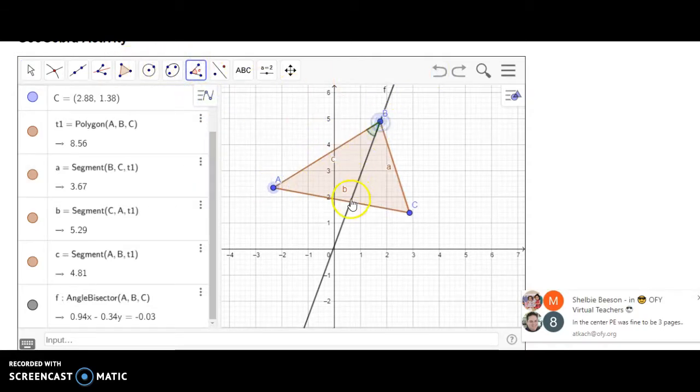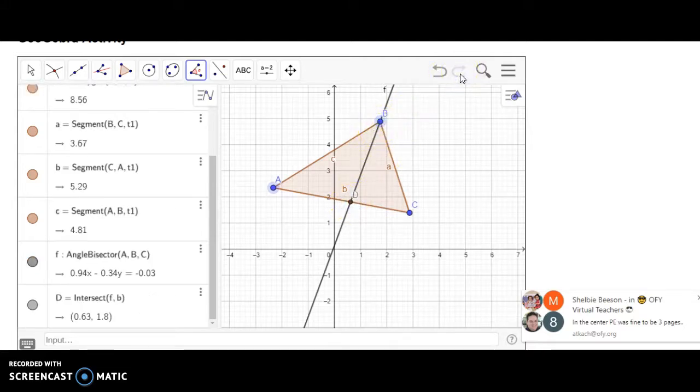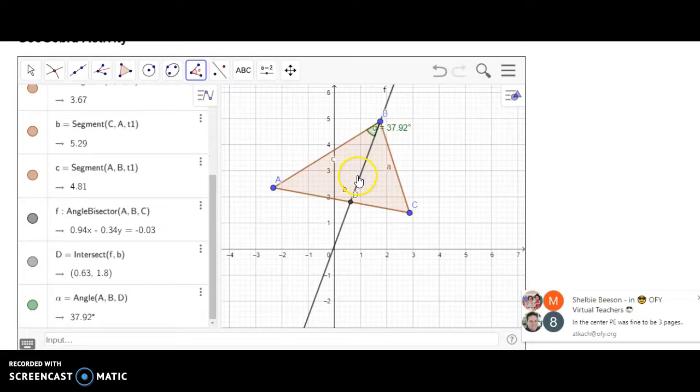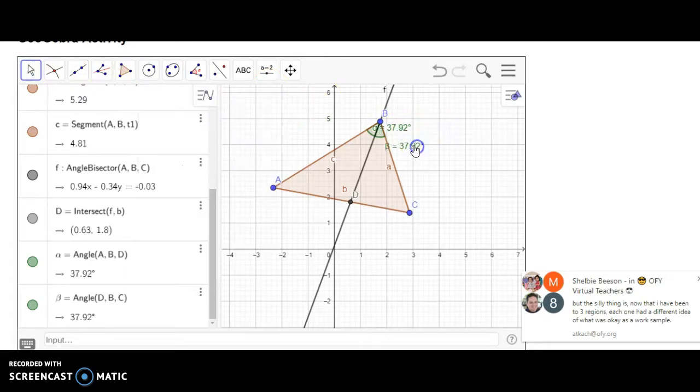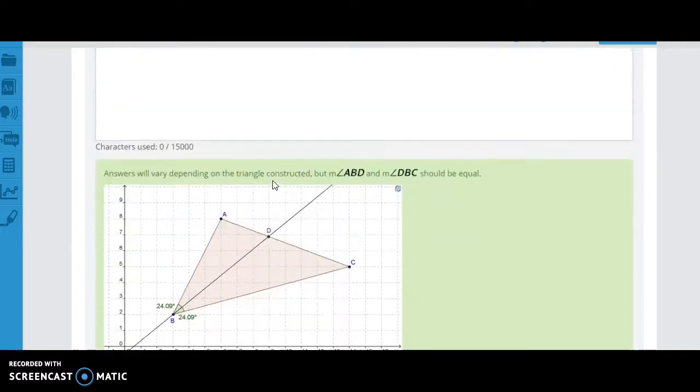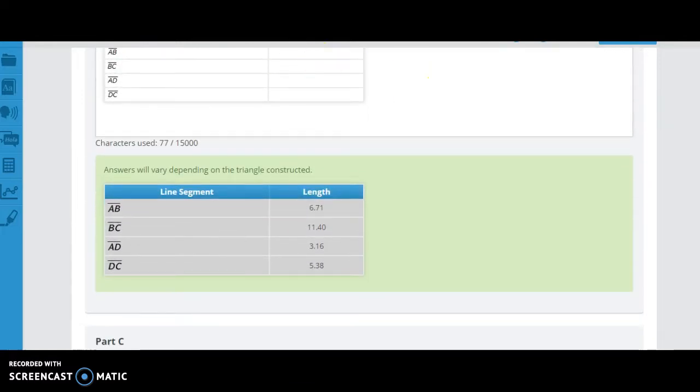Angle A, B. Oh, here we go. Okay. Angle A, B, D is right there. And then angle D, B, C. You can see that if we move these, they're the same angles. So that's what it wants to show you there. And then you have the rest of that.